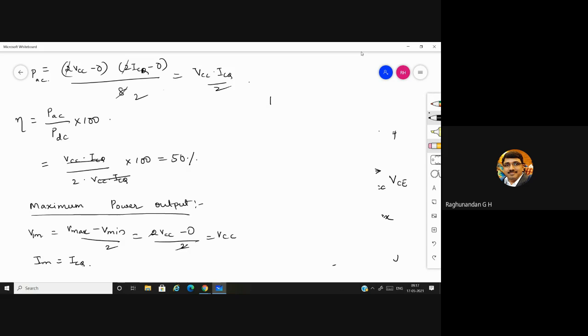So for PAC max, we have the basic equation Vm into Im by 2. As per the equation obtained, for Vm we have obtained VCC, for Im ICQ, so that divided by 2.